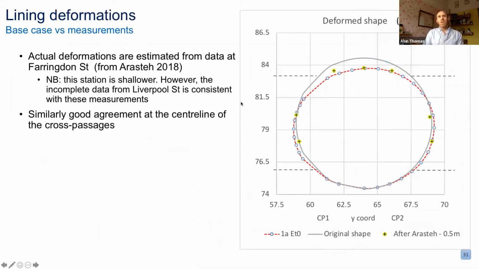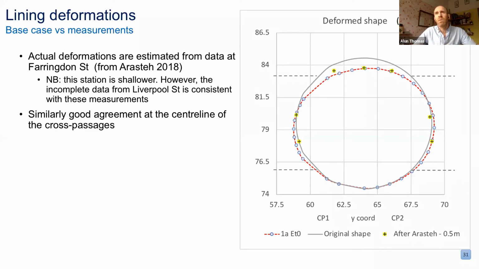If we take a look at the other measurement that we generally have, which is the lining deformations, you have convergence points put into the lining. I've plotted here some data from Mohammed Ariste's presentation, which is from Farringdon, but similar tunnels in a different station.